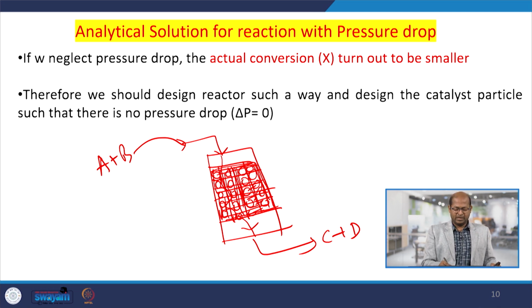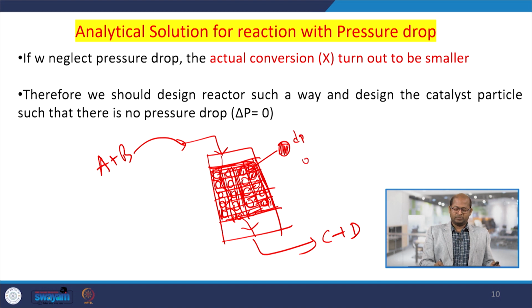Pressure drop depends on a number of other parameters or factors also, which we will discuss in our next class, meaning how we can design the packing of the packed bed reactors, the catalyst bed. The particle size is very important here. The catalyst we have taken has a particular diameter.